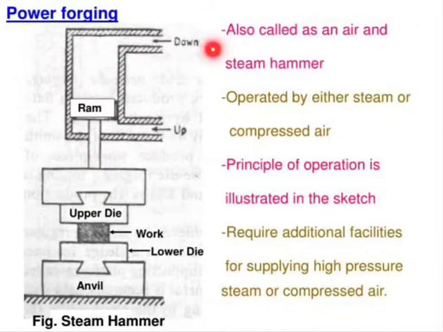It is also called an air and steam hammer, because the force is applied on the ram by the air, or the high pressure steam. Operated by the steam or compressed air. The principle of operation is illustrated in the sketch. It requires additional facility for supplying high pressure steam and compressed air.